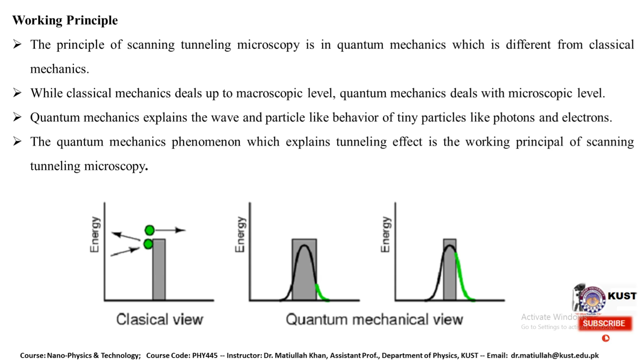Normally in classical mechanics, if the energy of a particle is smaller than the energy of the barrier, then it is impossible for the particle to overcome this barrier. This is the classical approach. But in quantum mechanics, even if the energy of the particle is less than the energy of the barrier or the obstacle, there is still some limited chance that the particle may be found at the other side of the barrier.